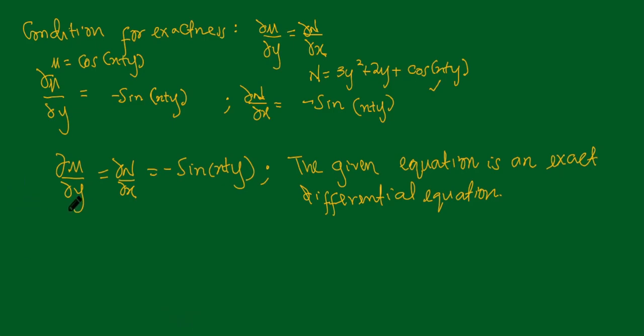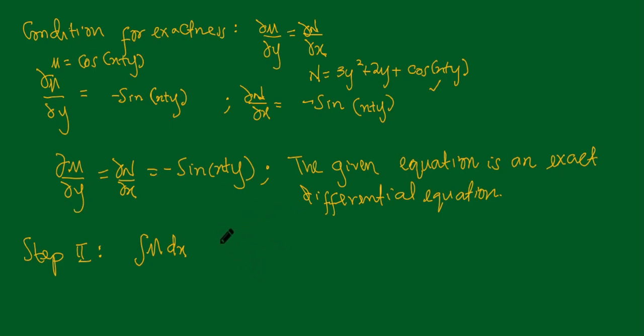So now recall that we've completed step one. Now the second step, which is step two, is to integrate M with respect to x, keeping y constant. So we want to find the integral of M with respect to x while keeping y constant.